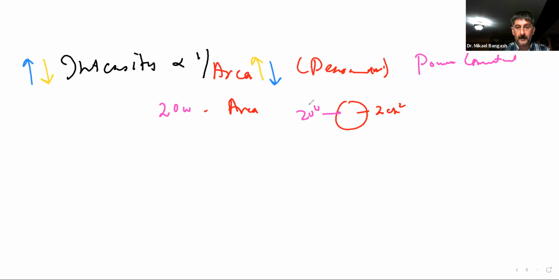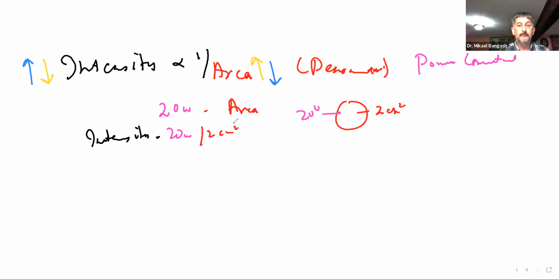Now in this case, what becomes our intensity? You just put everything here in the formula. It becomes 20 watts over an area of 2 centimeters squared. So the intensity is going to be 10 watts per centimeter squared.